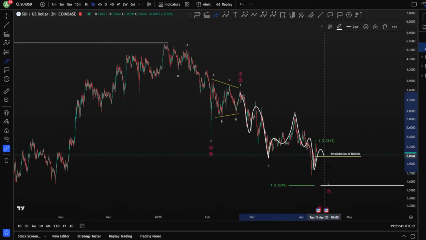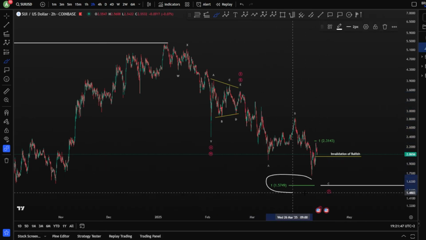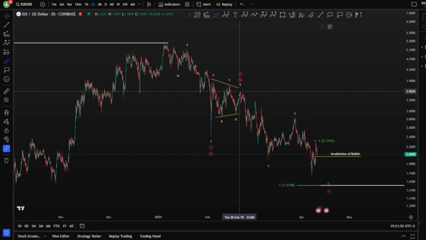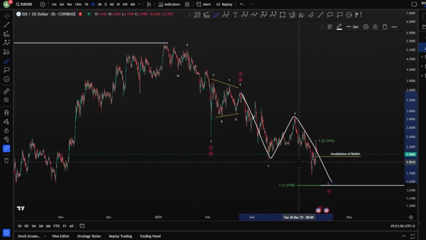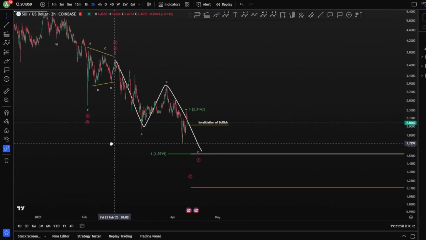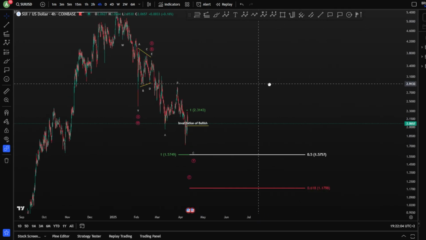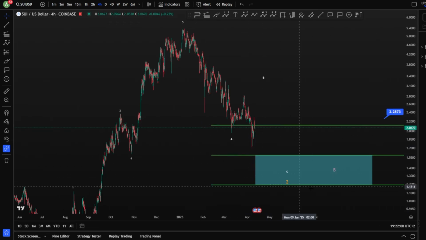And we're looking for something much more complex inside this wave Y. I would say that we would like to hit the 1-to-1 fib level, taken exactly from this wave A, then B, then C. What is good in this scenario is that it is very in confluence with the 0.5 fib level. And that's why I was mentioning on the daily that the highest possibility is this blue zone.